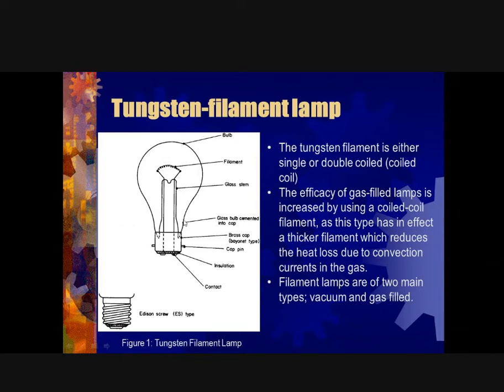You have your bulb being cemented on the conducting cap. In the Edison screw type, the side of the cap is really your neutral, but in this type of lamp, the side of the cap is just to hold in the lamp.